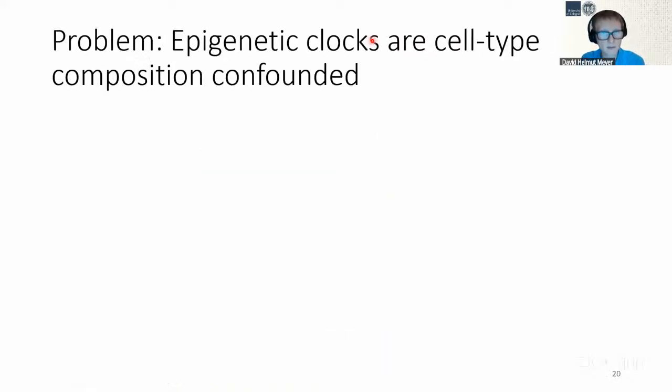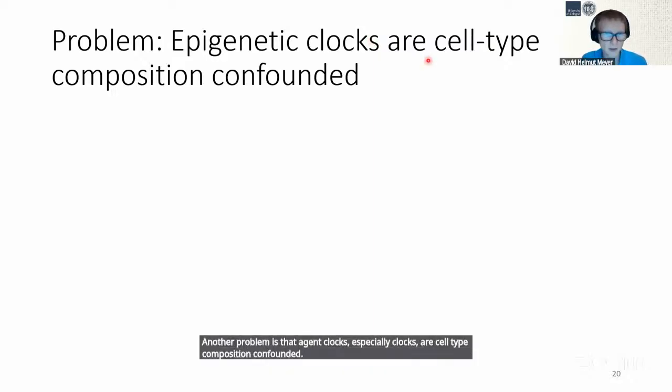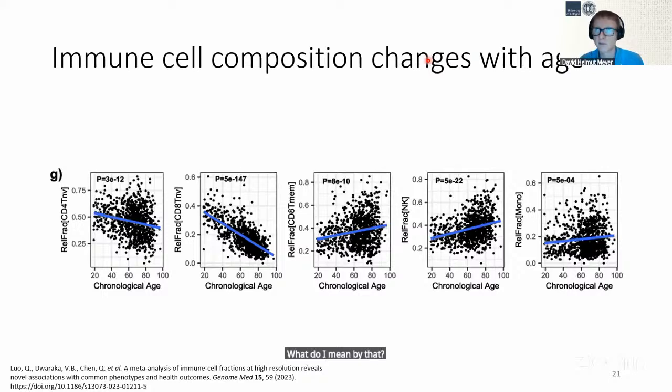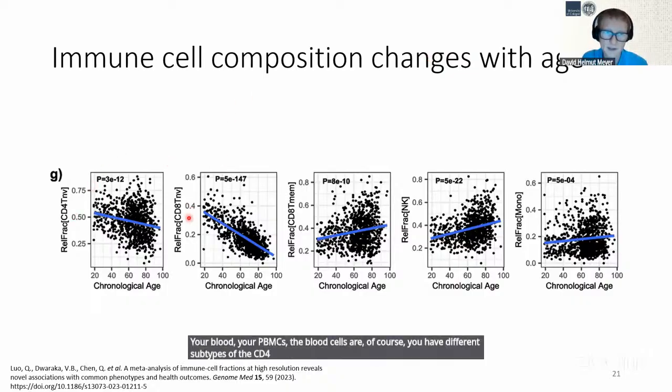Another problem is that aging clocks, especially also average aging clocks, are cell type composition confounded. What do I mean by that? If we look at blood cells, for example, these are known to change with age. In your blood, your PBMCs, you have different subtypes of the CD4 plus cells, there's the CD8 cells, you have memory cells, natural killer cells, monocytes, and so on.